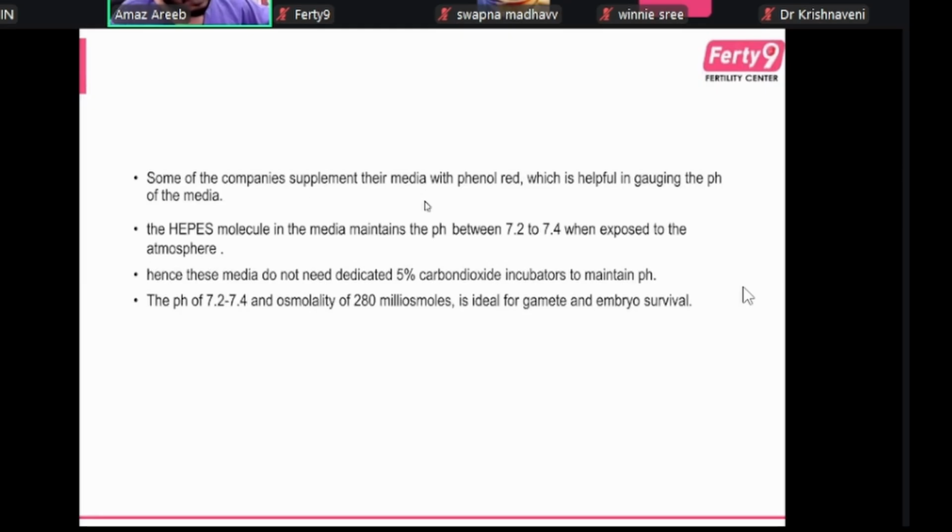The HEPES media has phenol red, which helps guide us on the pH of that media. If it is yellow, that means it is acidic. If it is dark pink, it means it is alkaline. We need an optimal pH of about 7.2 to 7.4, that is a baby pink color. The osmolarity between 7.2 to 7.4 pH has a value of around 280 millimoles.